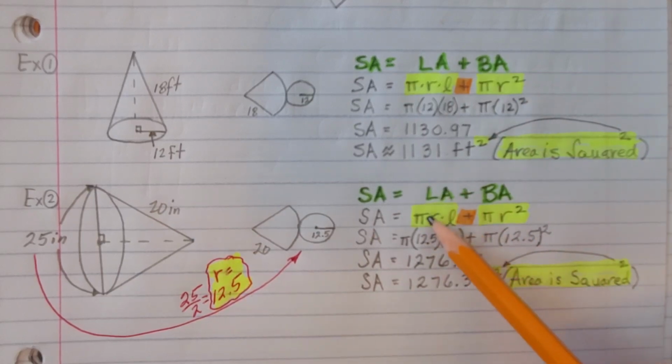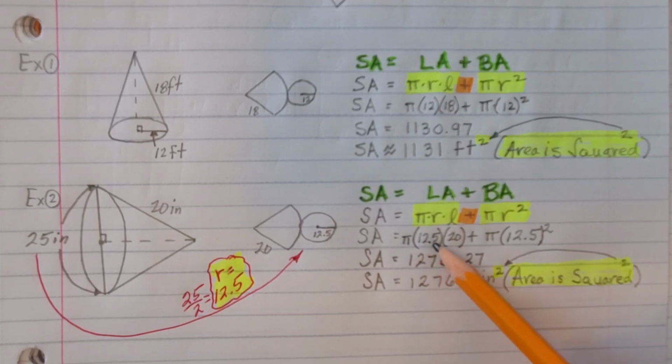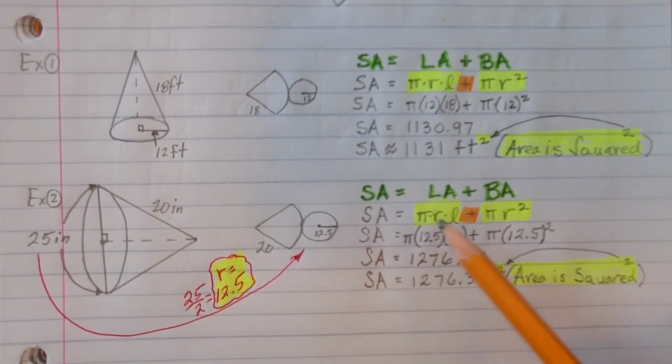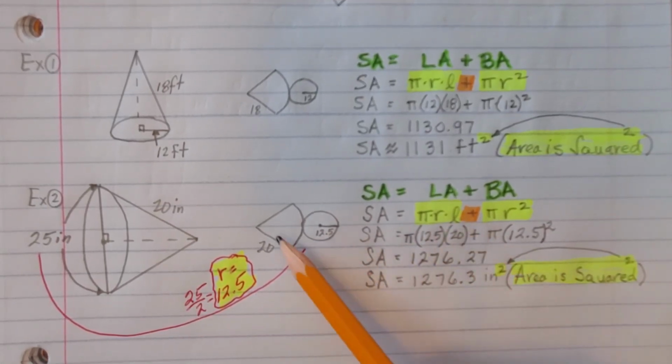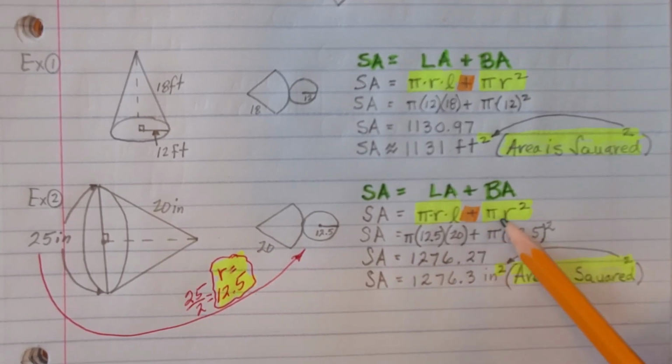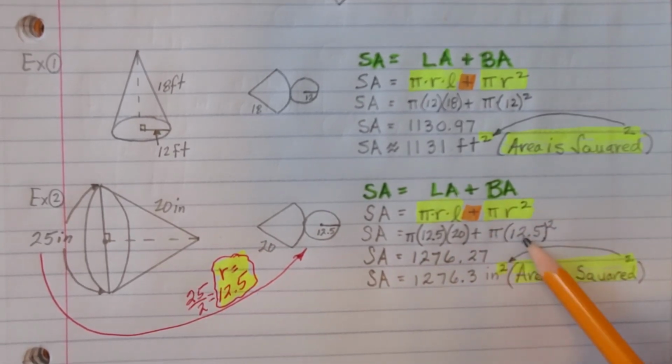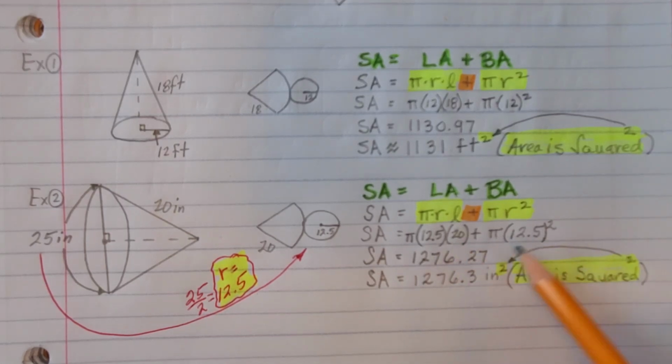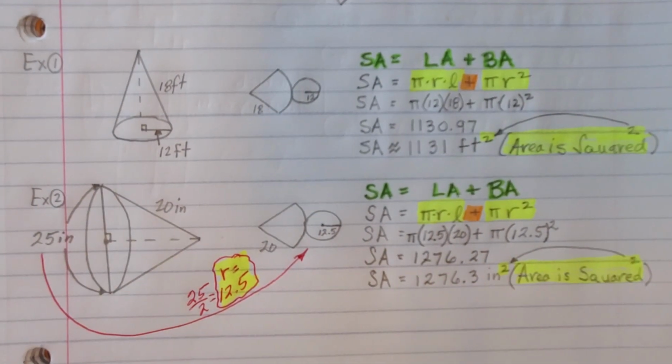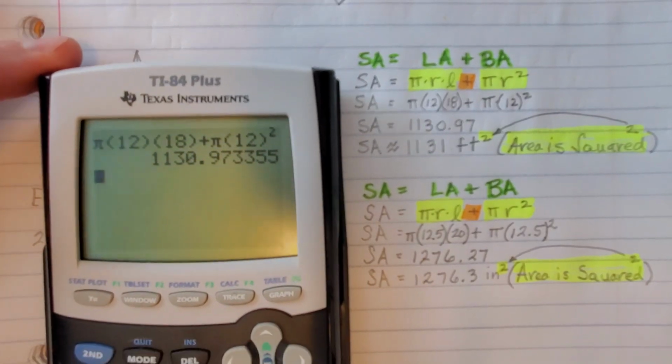So you substitute again in pi times r times L, or pi times 12.5, because the radius is 12.5. Your slant height, it's 20, plus pi times r squared, so the r is 12.5 again, and you square that. Put them in parentheses, and work it out with your calculator. So the second example should look like this.